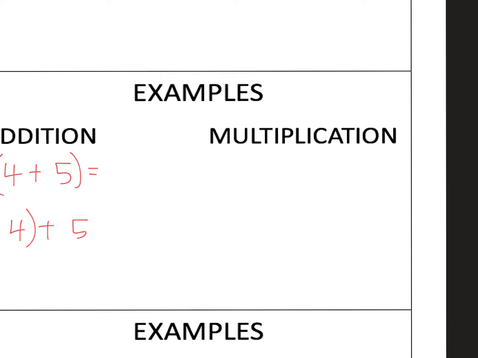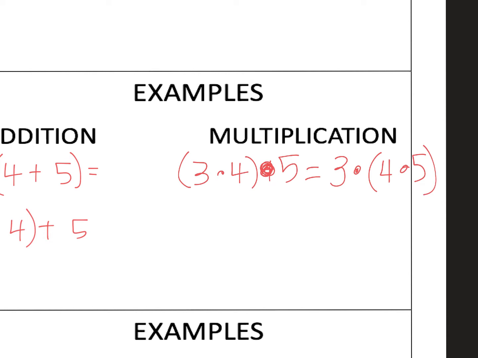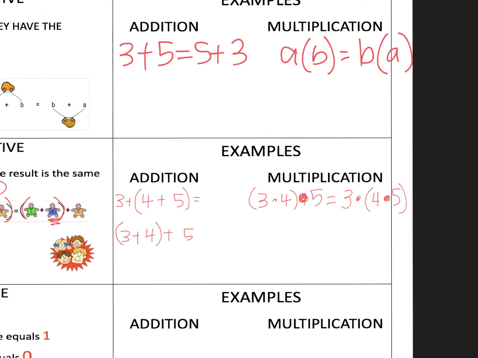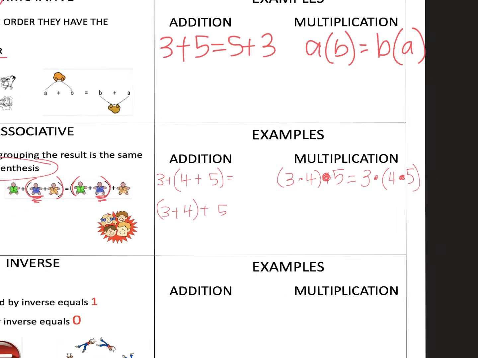If I did (3 times 4) times 5, and I'm sorry, not plus, multiply, my fault, then that equals 3 times (4 times 5). Okay, so it works the same way. It doesn't matter if we're using numbers or letters. I know I used letters on the first example. It doesn't make a difference, okay?